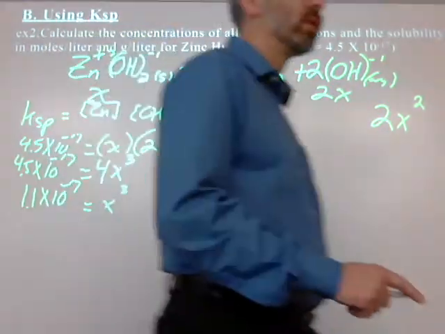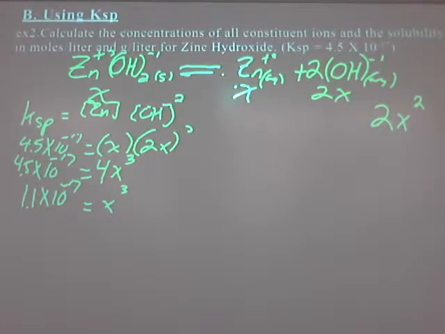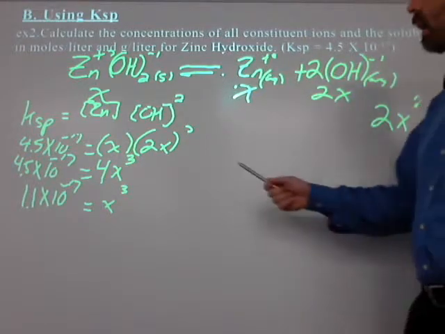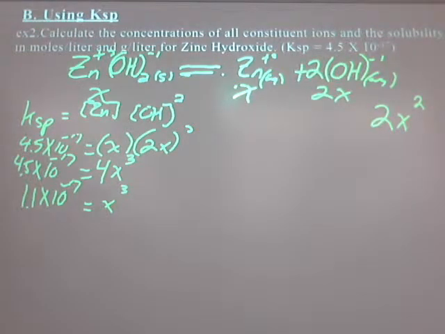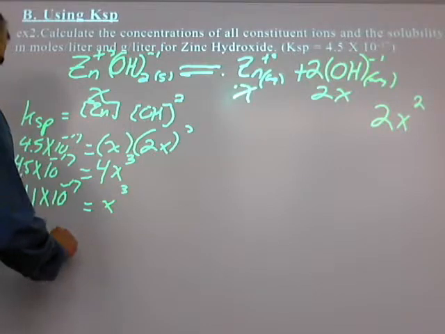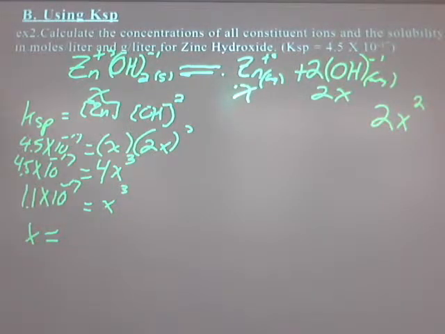Hopefully you all know how to do this on your calculator, because they're all done slightly differently, how to take a cubed root of 1.1 times 10 to the -17 and get x. What does x therefore equal? What did you get? 2.2.